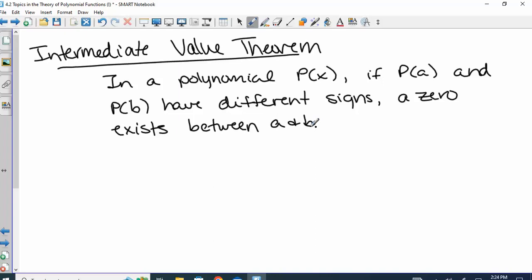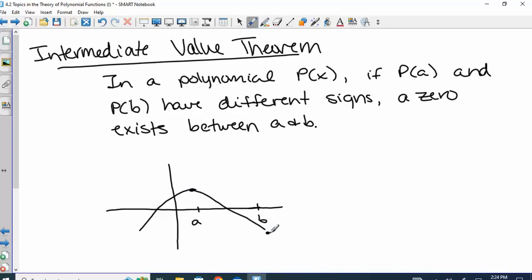Okay, so what that means, we know that in a polynomial, the graph is always a nice smooth curve. So if P of A and P of B, so A and B are just x values, have different signs, so one of them is positive and one of them is negative. Okay, if you have a nice smooth curve, the only way to get from a positive to a negative is by crossing 0.